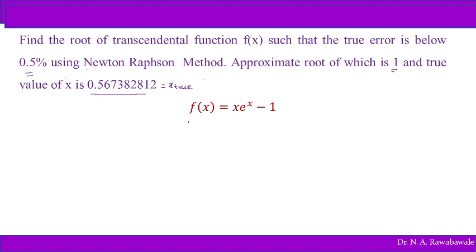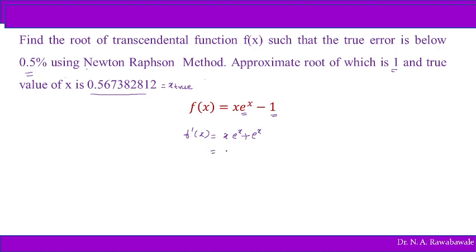Before finding the true error, we have to differentiate this function f of x. F dash of x is equal to, so this is a product of two parts. We write the first function as it is, times the derivative of the second function, e to the power of x, plus the second function as it is, times the derivative of the first part, x, which is 1, and the derivative of minus 1 is 0.